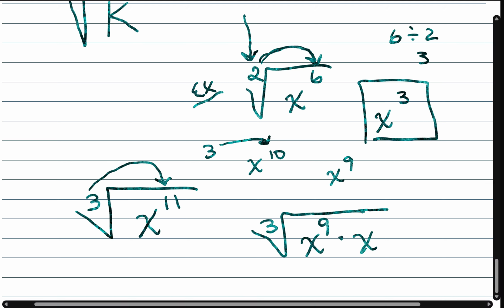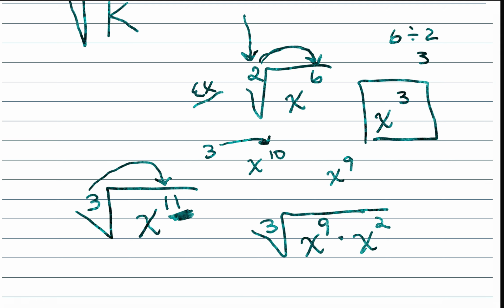So you multiply it times x to the 2nd, right? Because if you multiply these two, 9 plus 2 will get us this 11 back. So you have to multiply it by something that makes it where you're not changing the actual problem.